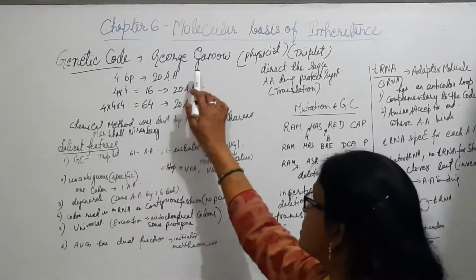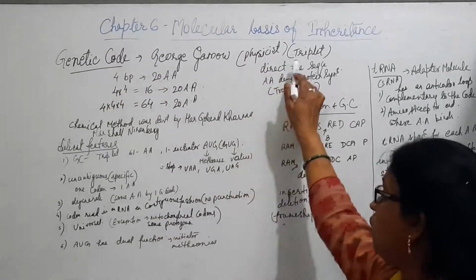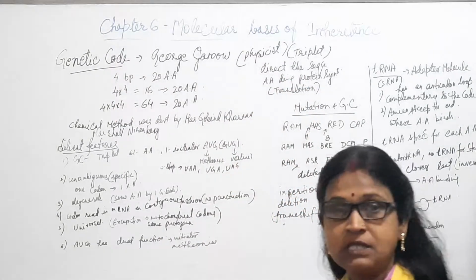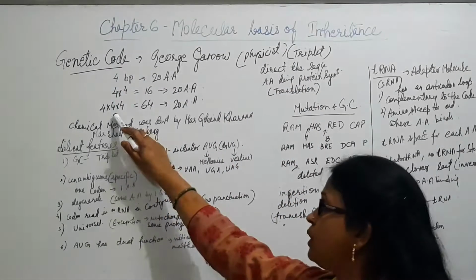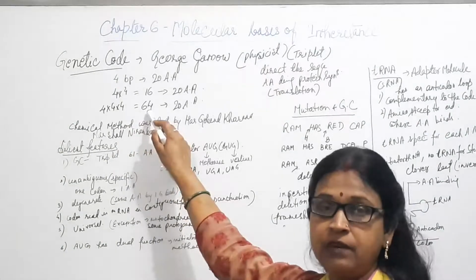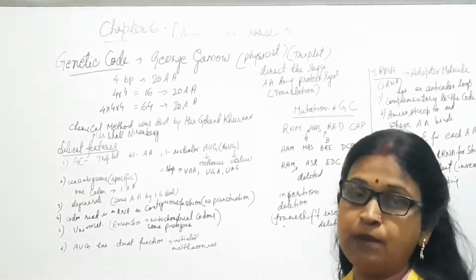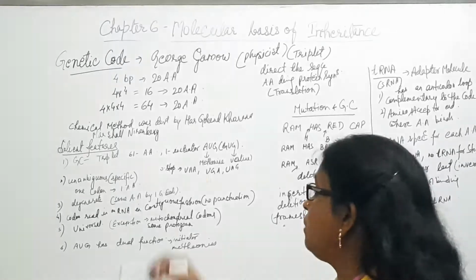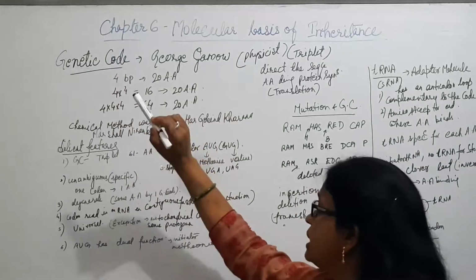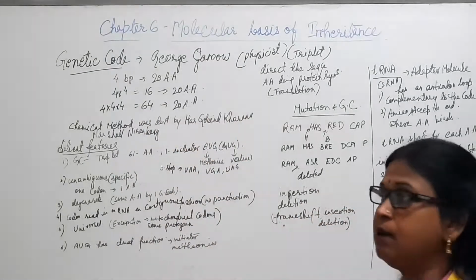Then George Gamow gave the idea that the genetic code must be triplet. That means 4 into 4 into 4, and in this way it will give rise to 64 types of genetic code. Now this 64 is sufficient for 20 amino acids.